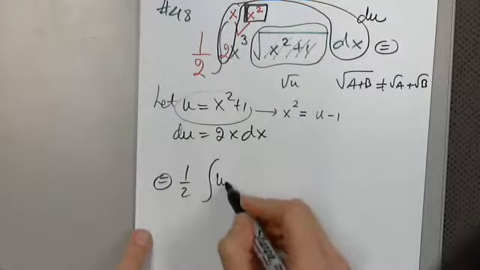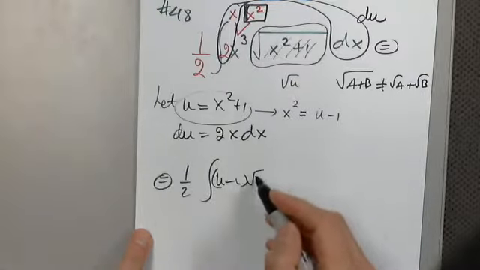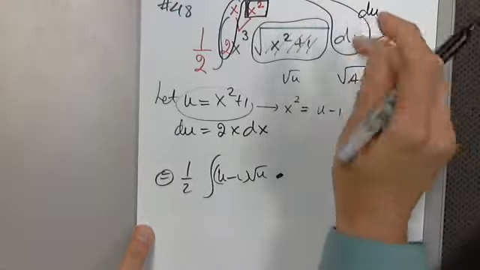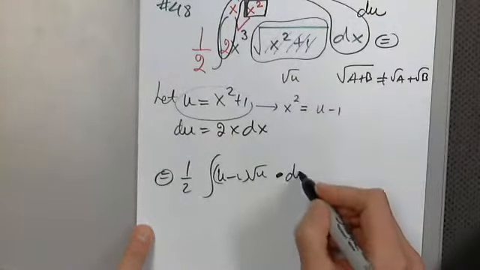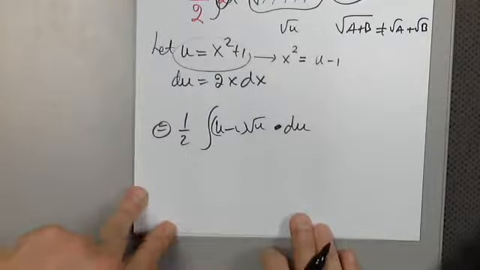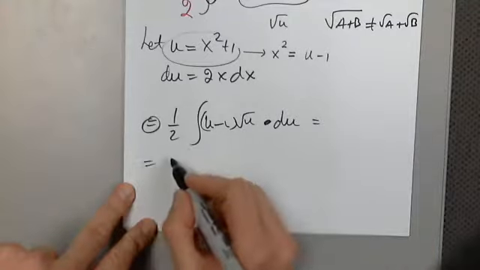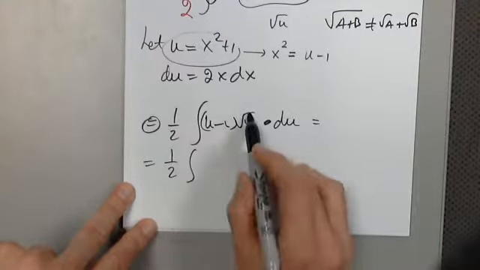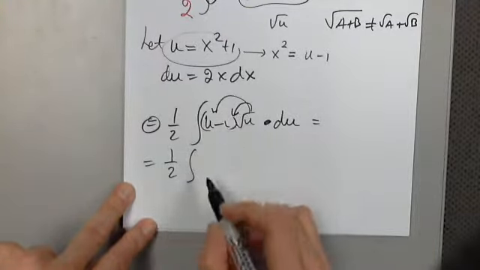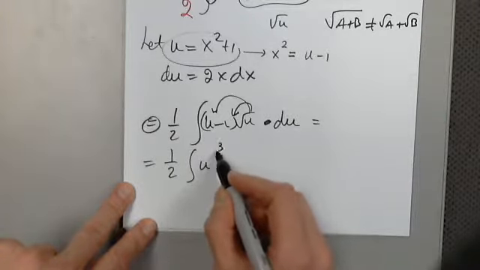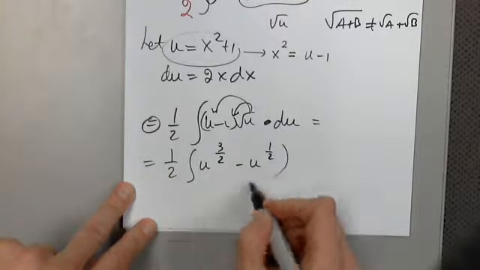Minus 1 times the square root of u. Much easier. Although you may say, oh, it doesn't look like it. You'll see why. So this is 1/2 the integral, I will distribute the square root of u. So I have u to 3/2 minus u to 1/2.